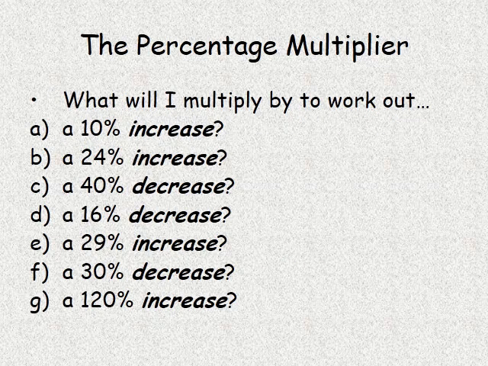Okay, so moving on to the next slide. So this slide asks you to calculate the multipliers. So remember, they can either be 1 point something or 0 point something, and I'm going to leave it for 5 seconds so that you can have a go.